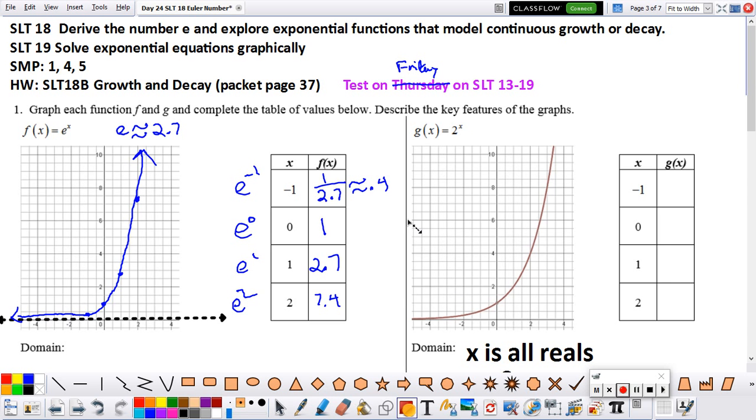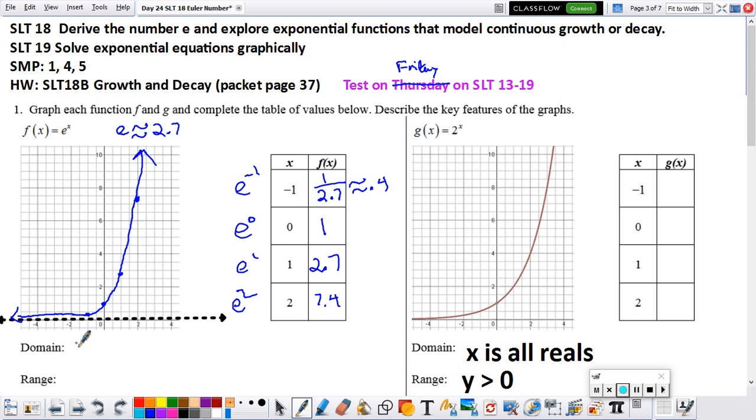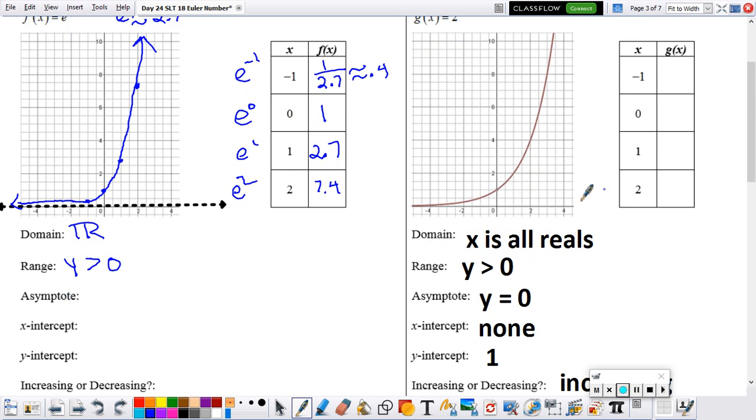So I have this function. Its domain, just like the exponential growth curve next to it, is all reals. It also has a range of y is greater than 0. It has an asymptote of y equals 0.